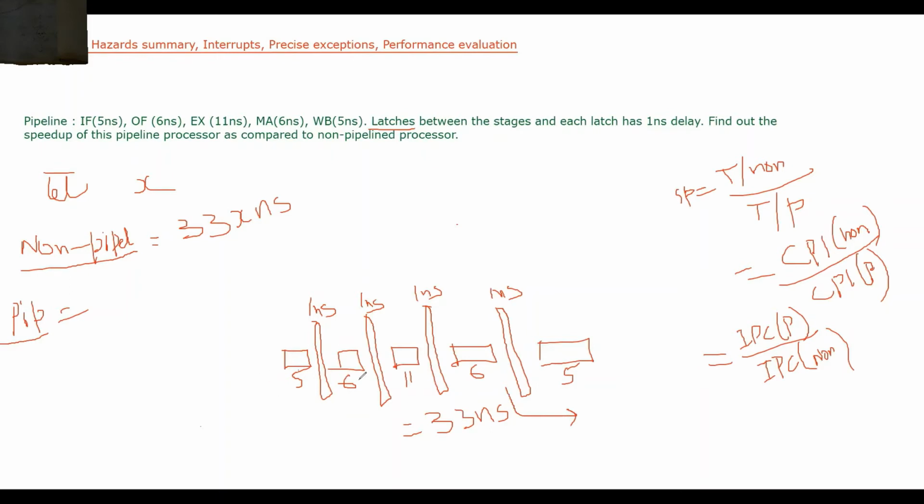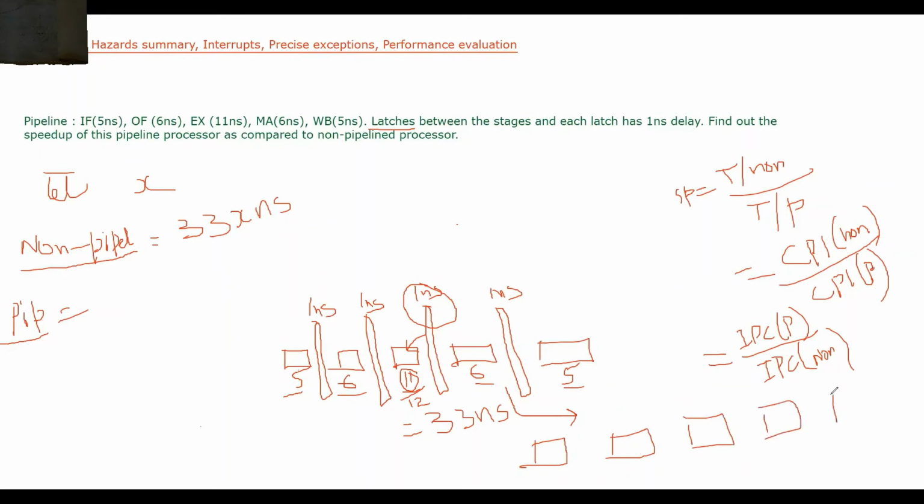And what will be the time? The time will be the maximum of these. The maximum of these is 11. However, we have to include the latch as well. So we will combine this latch with it, so 12 is the maximum. We will say every stage is taking 12 nanoseconds.